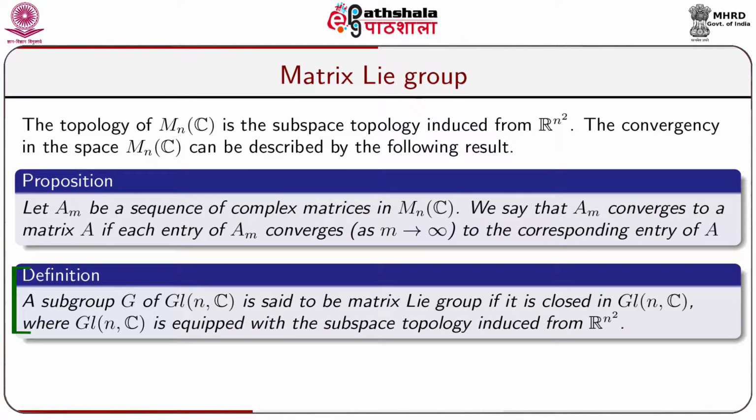That is, for any convergent sequence in G, either the point of convergence is not invertible, or, if it is invertible, then it belongs to G.